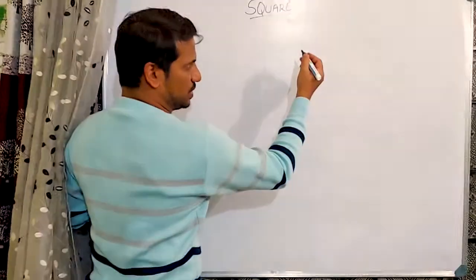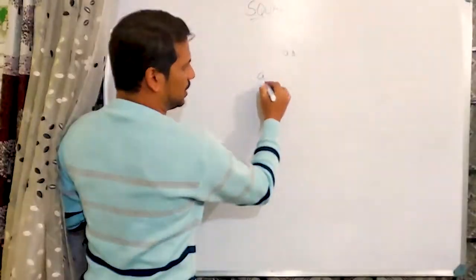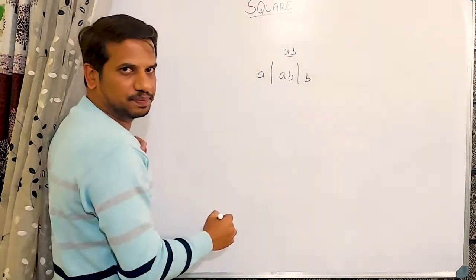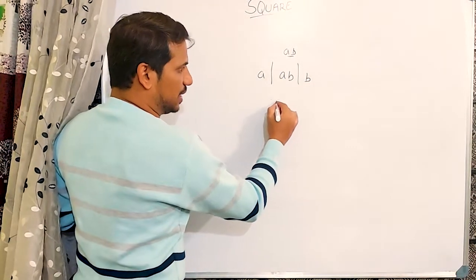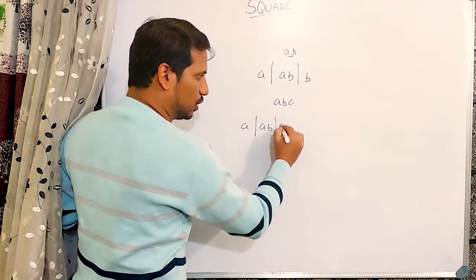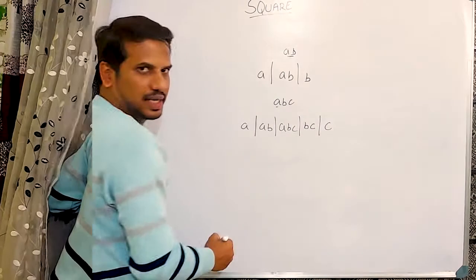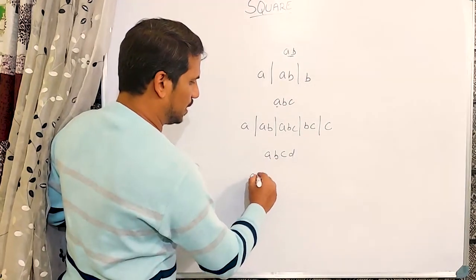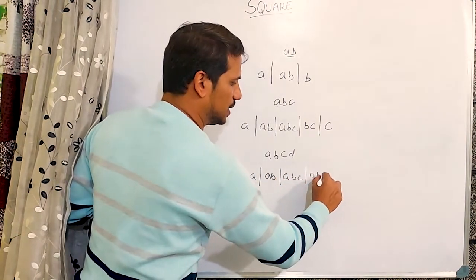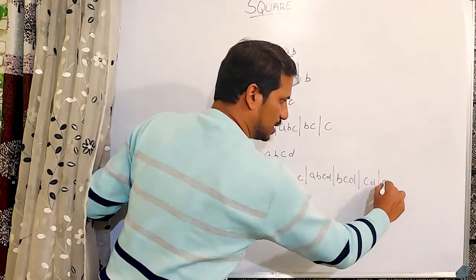So if we are finding square of 2 digits, so suppose if it is AB, let's keep it as A and B. So it has to be duplex of A, duplex of AB, that is 2 numbers together, and then duplex of B. Now to find a 3 digits number, so ABC, so the same method, A, AB, then all together ABC, and then just leave the last digits BC and then C. So for 4 digits it's the same, duplex of A and then AB, then ABC, then ABCD, then BCD, keep on decreasing it, CD and D finally.